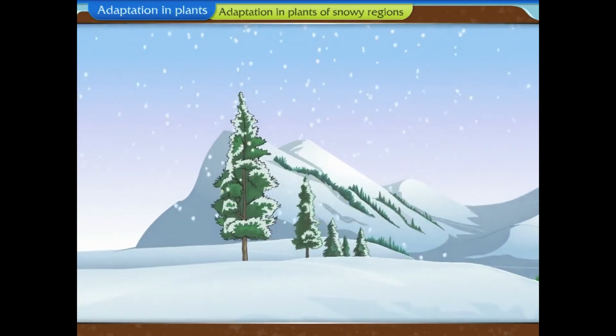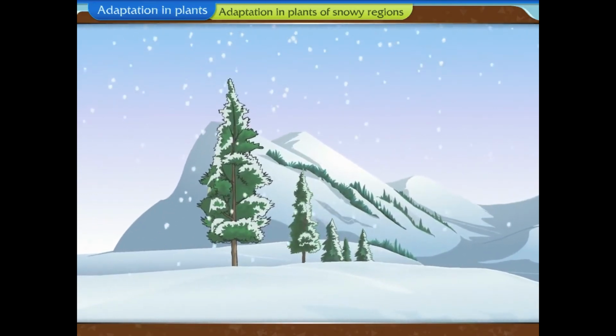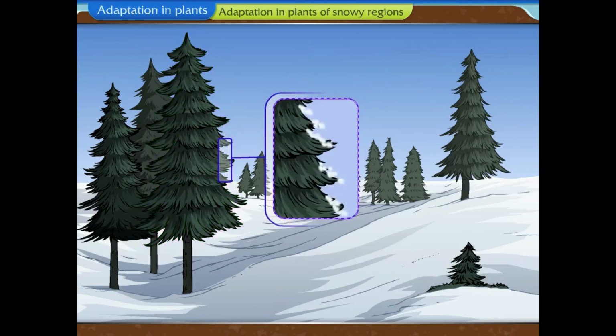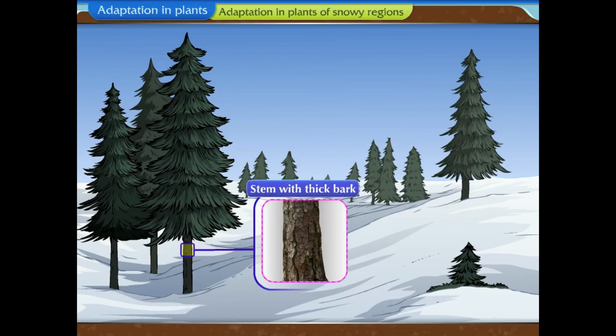It snows heavily in these regions and there is extreme cold also in these regions. Therefore, the trees in these regions are conical shaped and have sloping branches. Due to the sloping branches, snow does not get accumulated on the tree. Similarly, due to the thick bark, they can withstand the cold.